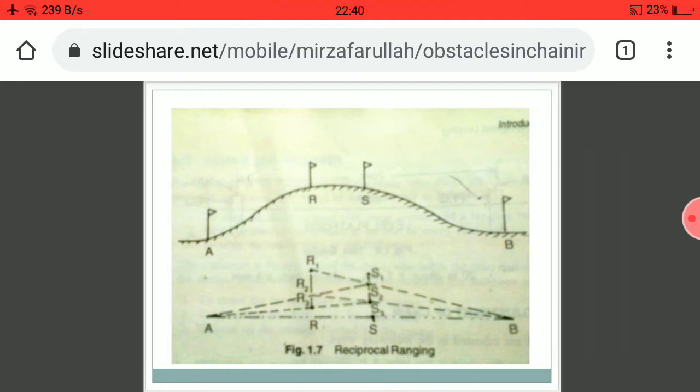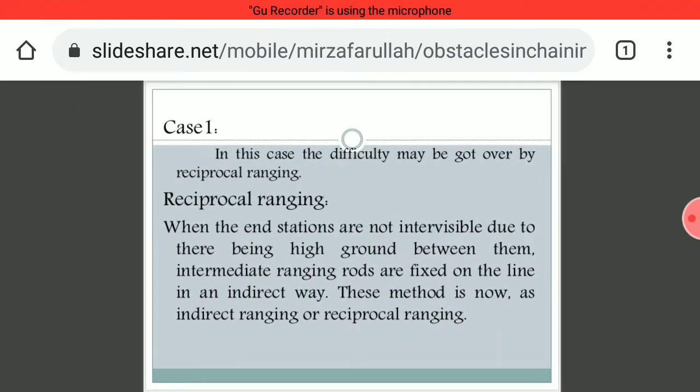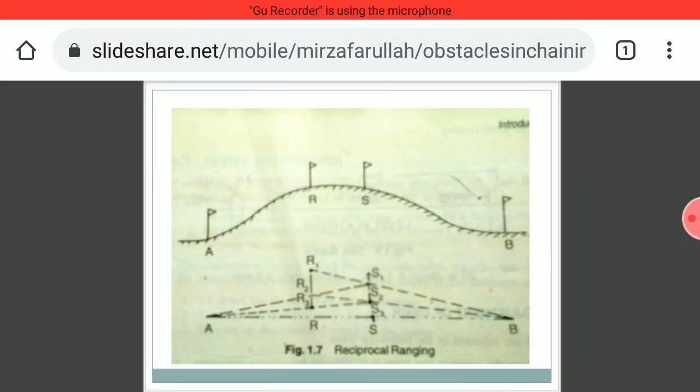This technique is also called reciprocal ranging, where two endpoints are not intervisible due to the obstacle, that may be the risen ground. So in this case I will establish points R and S, and I will measure the distance between point A and B. How to establish the points R and S, that we will study now.